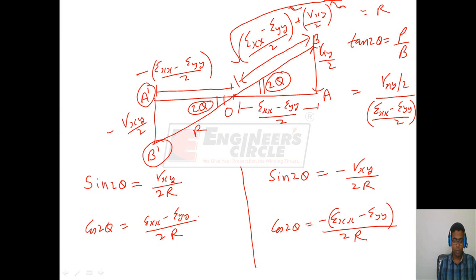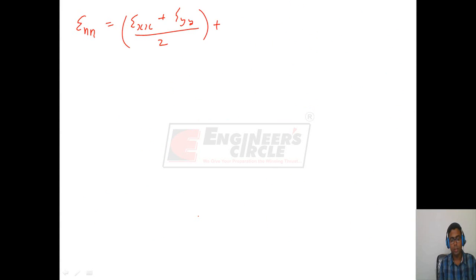Now we will first put this set of solution in the equation of epsilon nn and find the value of normal strain. Normal strain epsilon nn is equal to (epsilon xx plus epsilon yy) by 2 plus (epsilon xx minus epsilon yy) by 2 into cos 2 theta.